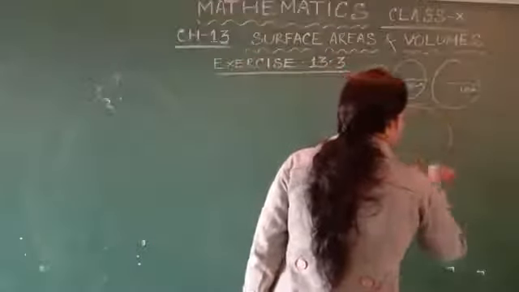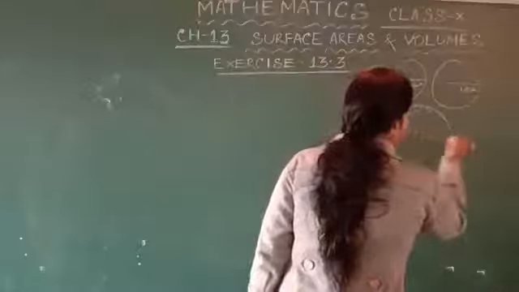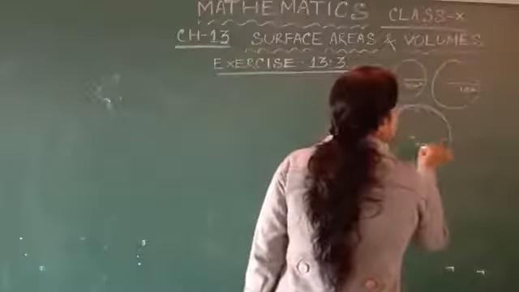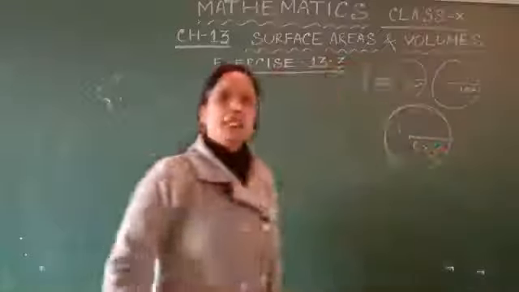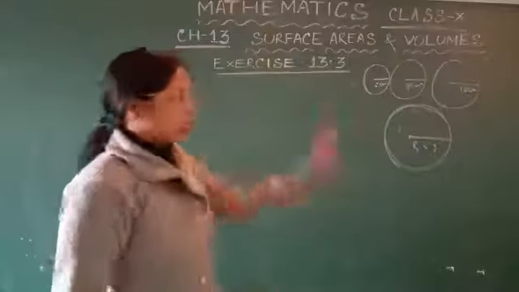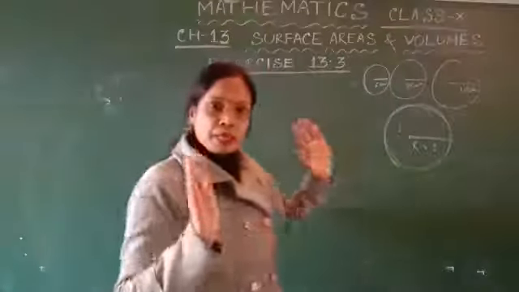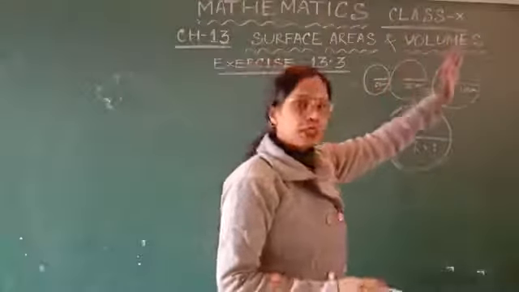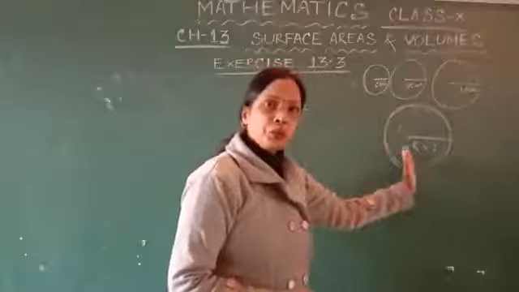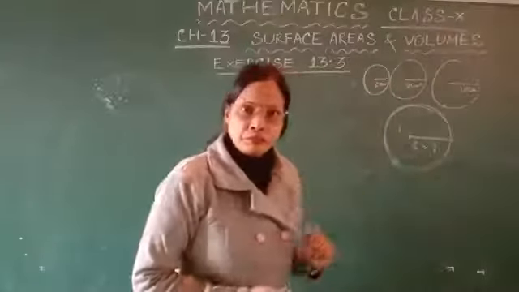The question says to find the radius of this. So according to our question, the sum of the volumes of these three is equal to the volume of this one.